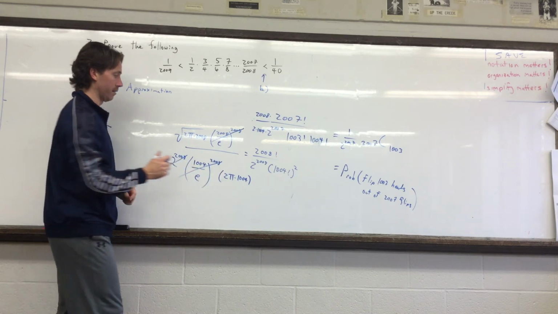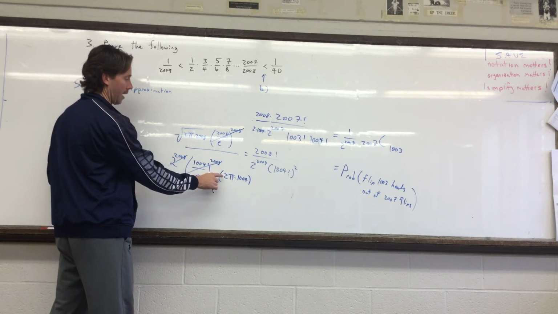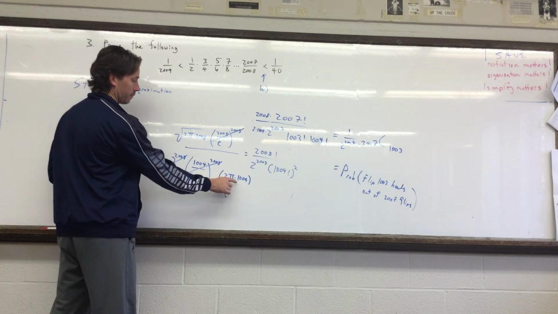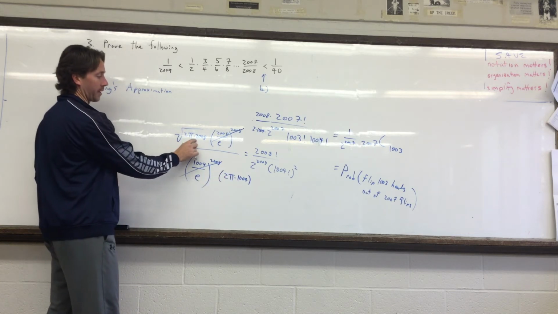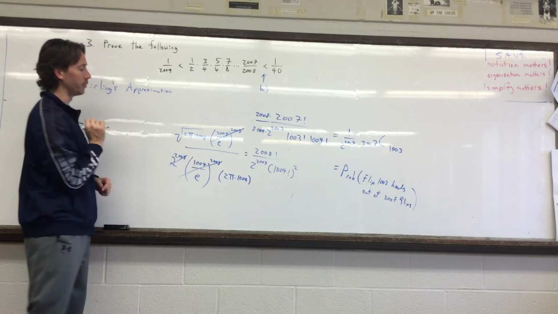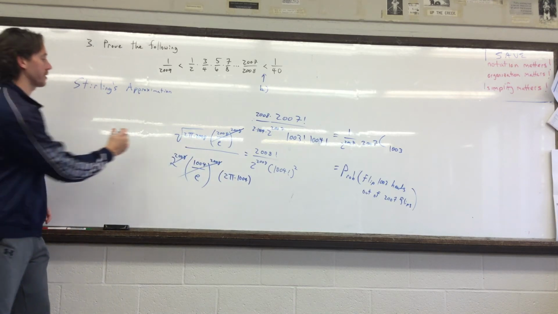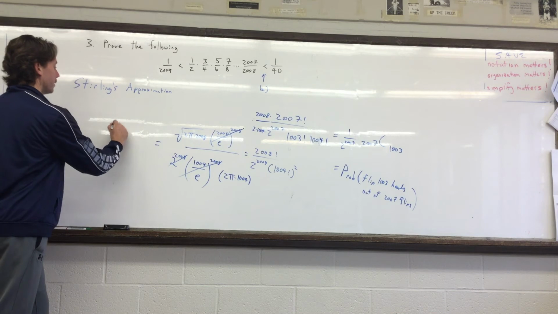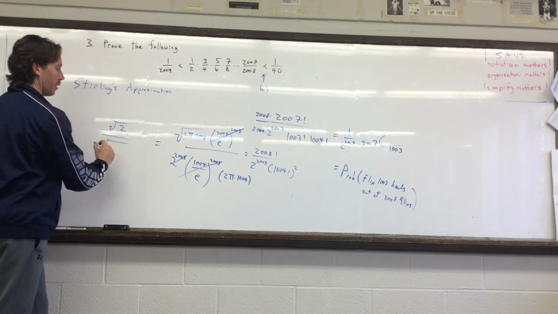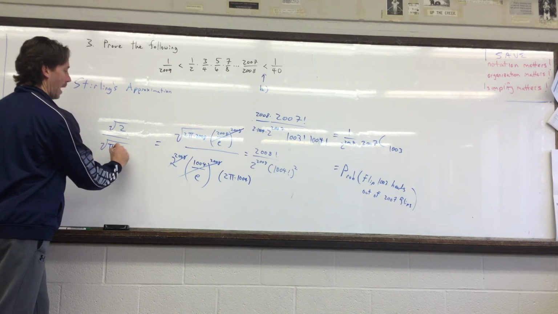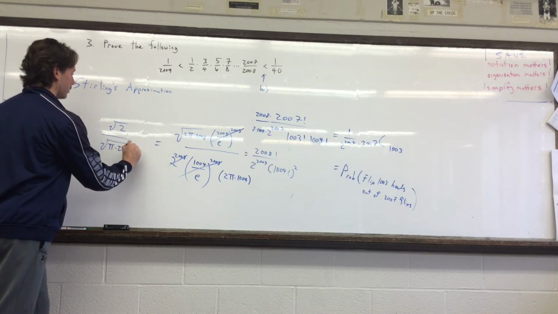After that, again, I can combine this 2 with this 1004, and I could factor out the square root of pi over 2008. So the whole thing is going to be square root of 2 over square root of pi times 2008.